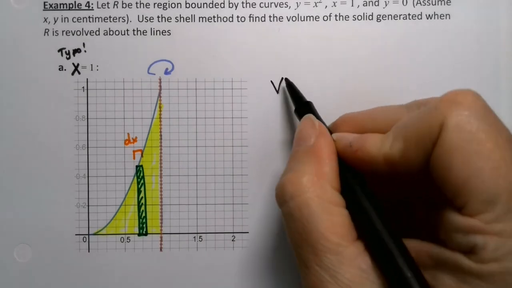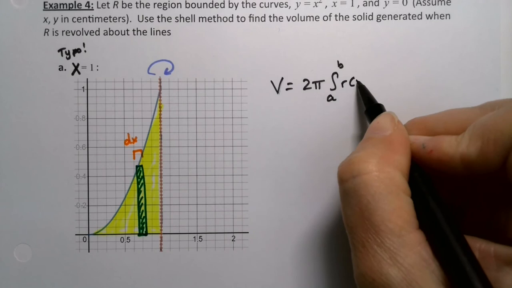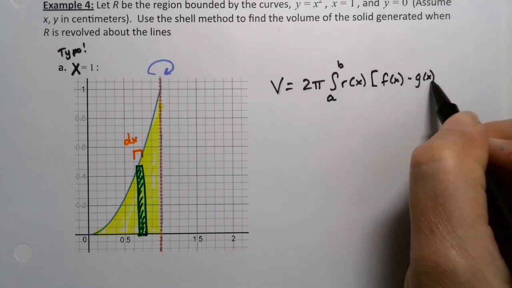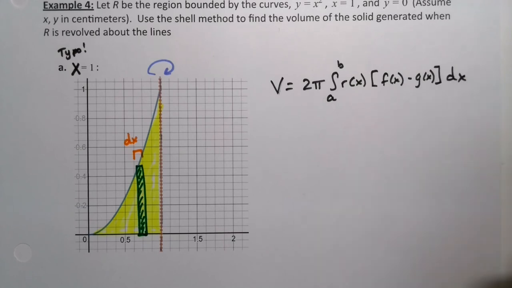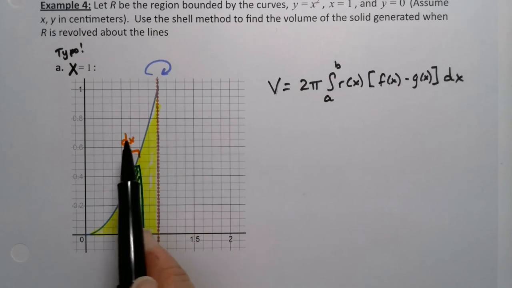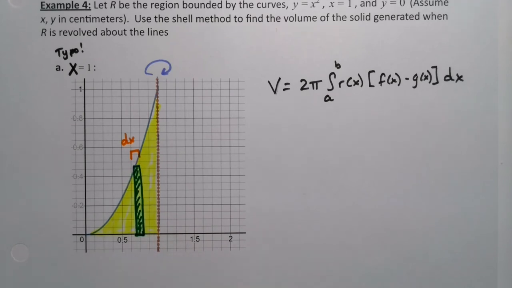It's 2 pi integral a to b r of x f of x minus g of x dx. We're locked in. We know it has to be dx. Once we know our axis of rotation is vertical, we know that the rectangle is parallel, therefore we know the thickness there is dx, and we're locked into a dx one.